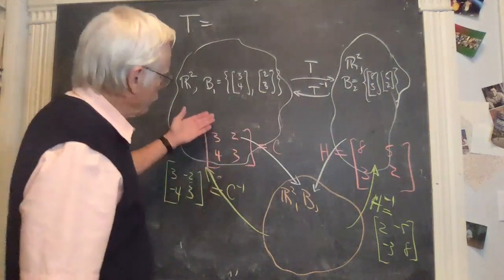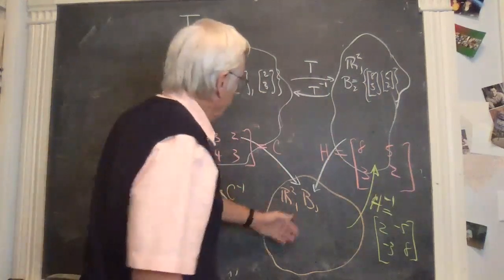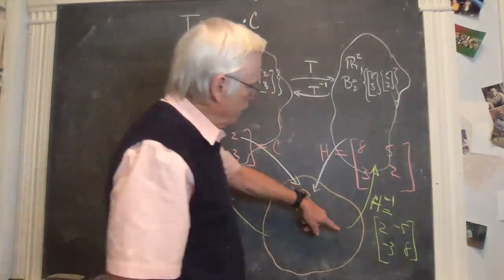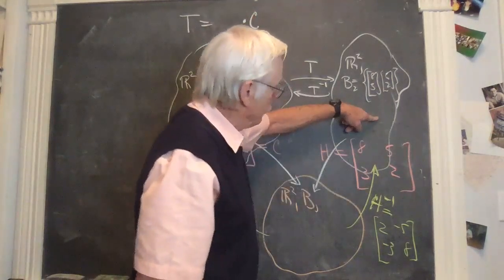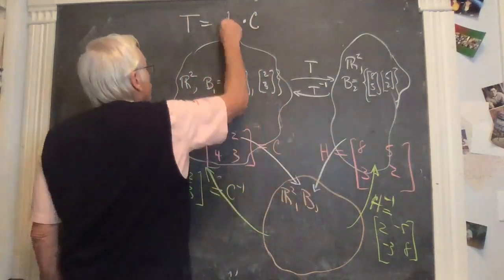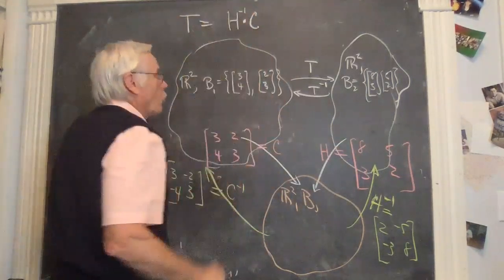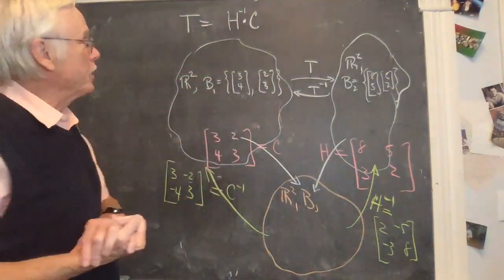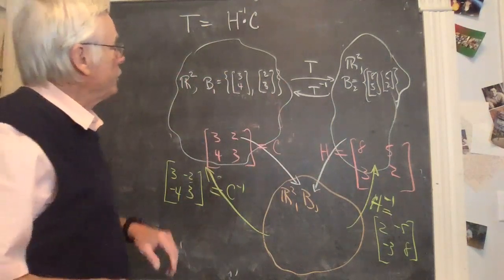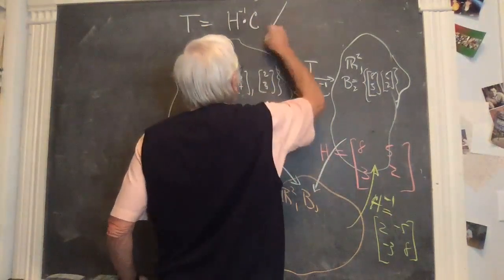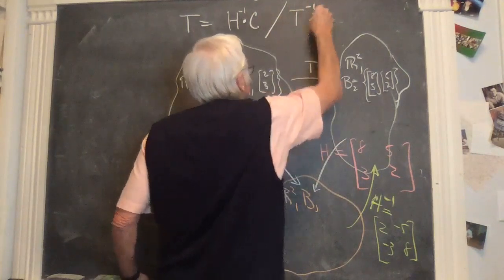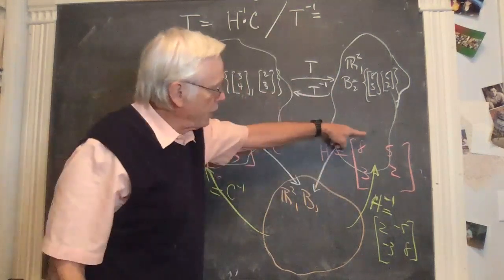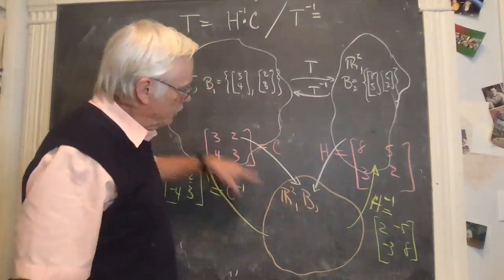T, first of all, changes you to the standard with C. Then after that, it takes the standard and changes you to B2, so that is H inverse. And this order is important because if you multiply matrices in other orders, you can get very different things. T inverse is just the reverse of that.